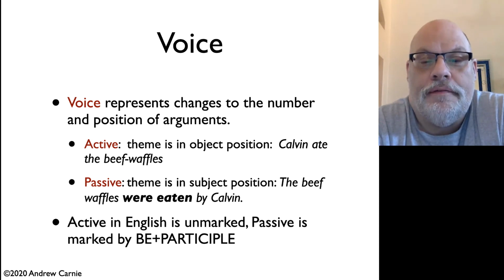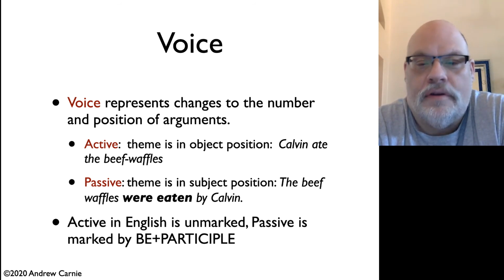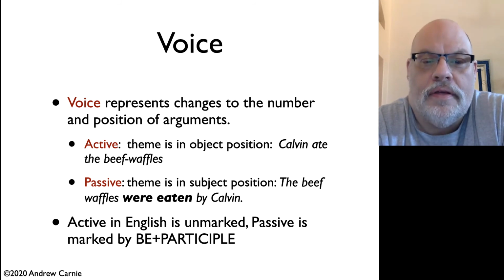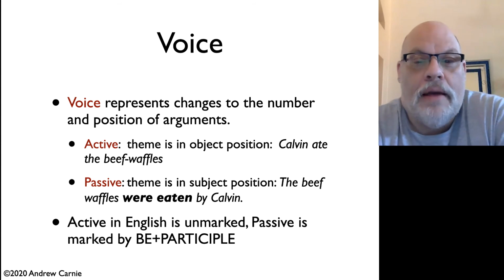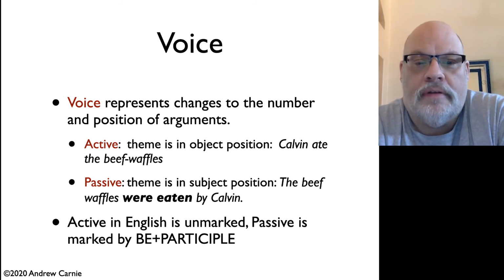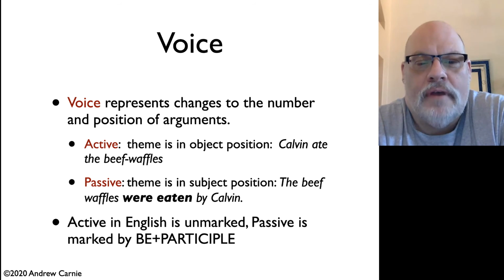The passive, by contrast, uses a completely different construction. In the passive, themes are in the subject position. That is, the logical objects are in the subject position, and the logical subject or the agent is optionally marked as a by-phrase. And then you get this particular verb form, which is the verb to be plus the participle.